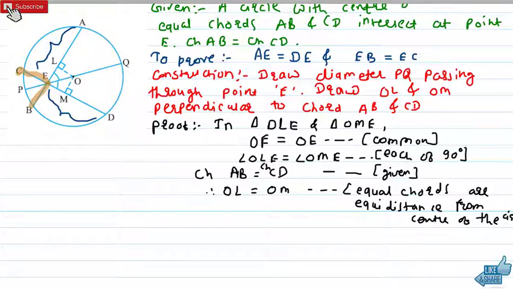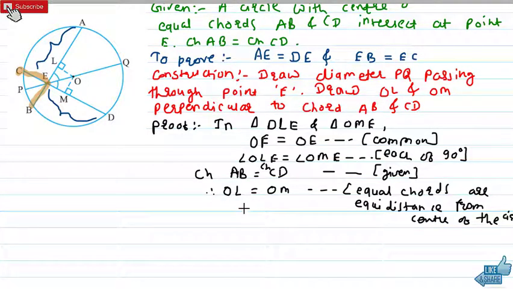If you don't know about this theorem, I recommend you please go back and watch my previous theorem video, then you will understand this point. Also I have given the link in the description below.